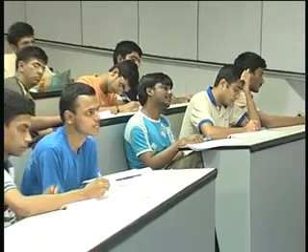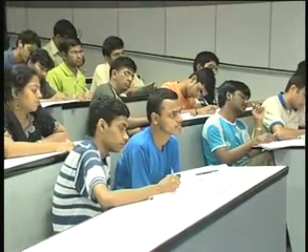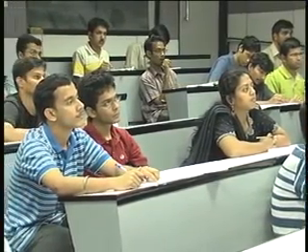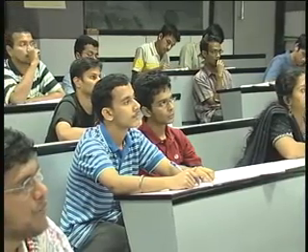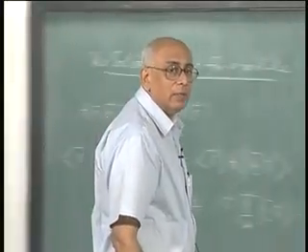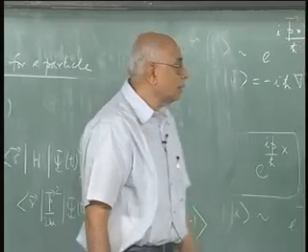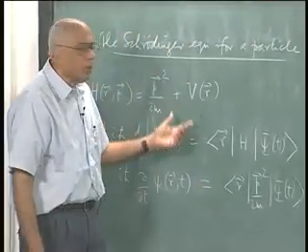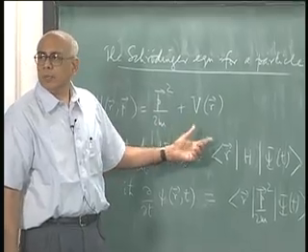There are problems where this works, there is a need for complex potential. When you have a beam of particles impinging on a quantum mechanical target, part of it would be scattered, part of it would be absorbed, and then one uses a complex V in order to take into account absorption, because then probabilities need not be conserved, the Hamiltonian need not be Hermitian. So it is necessary to take into account those situations, but right now I have in mind a particle in a real potential here.